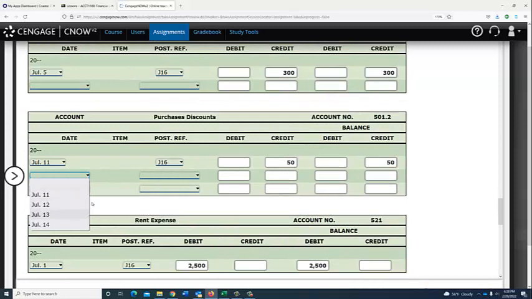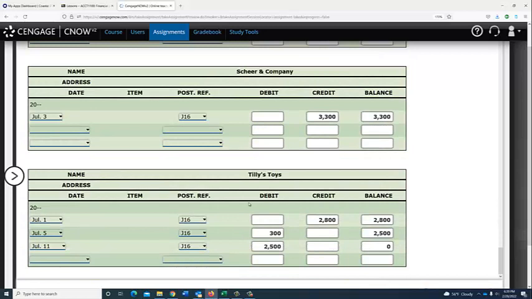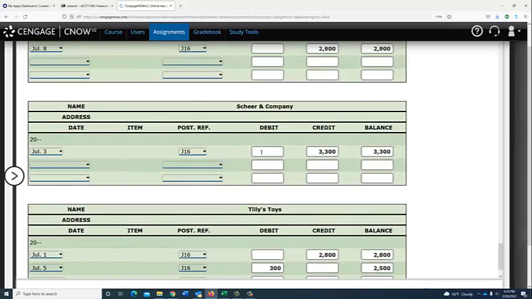That was on the 13th, and it was for $33. Now we need to update the accounts payable ledger for Shear. And we debited their account for the full $3,300, so now that balance is zero.